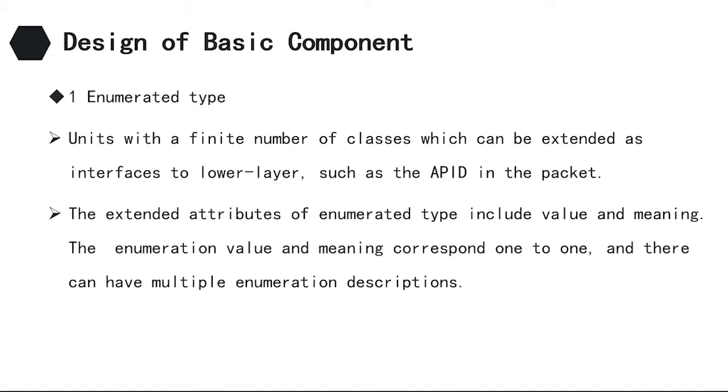First, enumerated type. A unit with a finite number of classes which can be extended as interface to lower layer, such as the APID in the packet. The extended attributes of enumerated type include value and meanings.